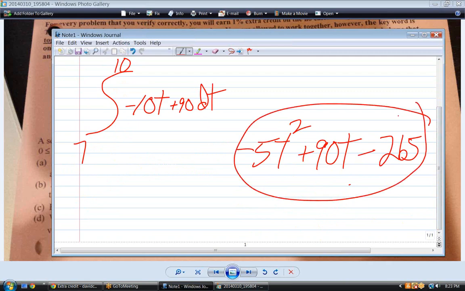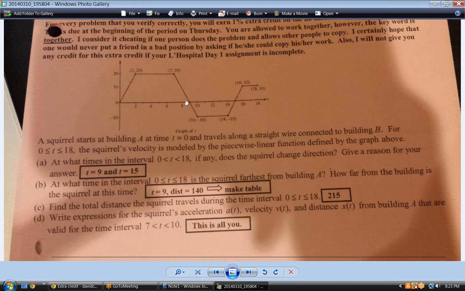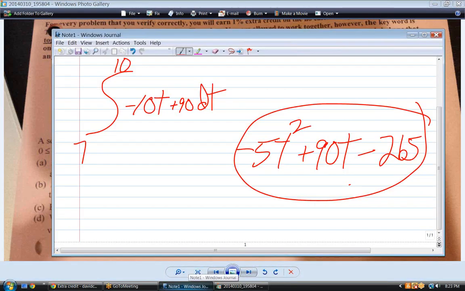Now, let's think about that for a moment. Could that be the distance from the building? Well, we know that at 9 seconds, the distance from the building is 140.